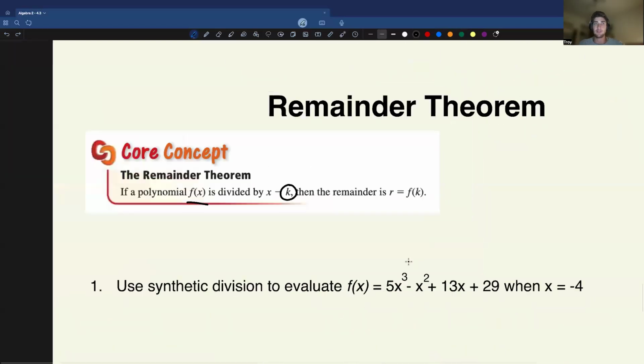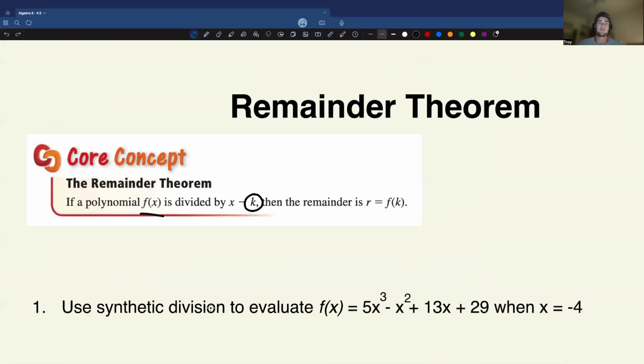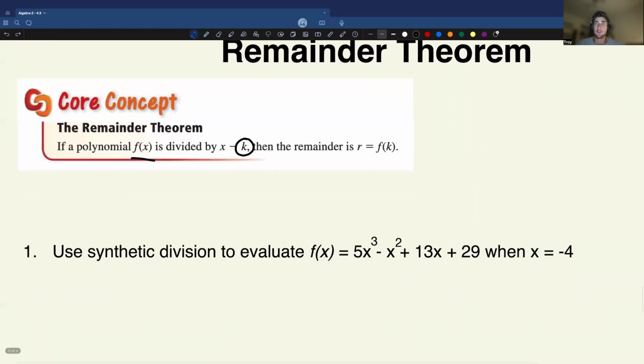So let's look at this example. Use synthetic division to evaluate this function, f of x equals 5x cubed minus x squared plus 13x plus 29, when x is negative 4. So really what they're asking us here is find f of negative 4, right?